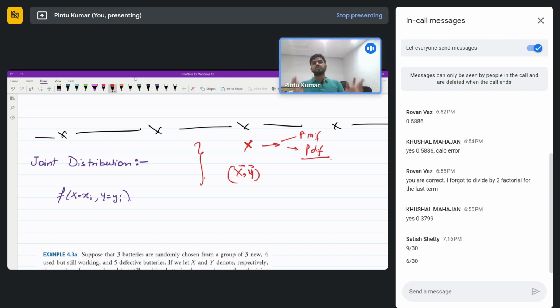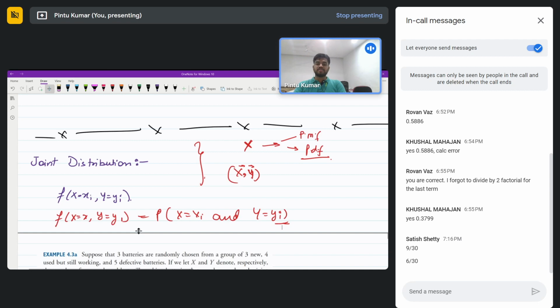You want to represent their joint distribution. Joint distribution means that if your X is equal to Xi and your Y is equal to Yi, this term gives you the probability that X is equal to Xi and Y is equal to Yi. Okay, so this is known as joint distribution.